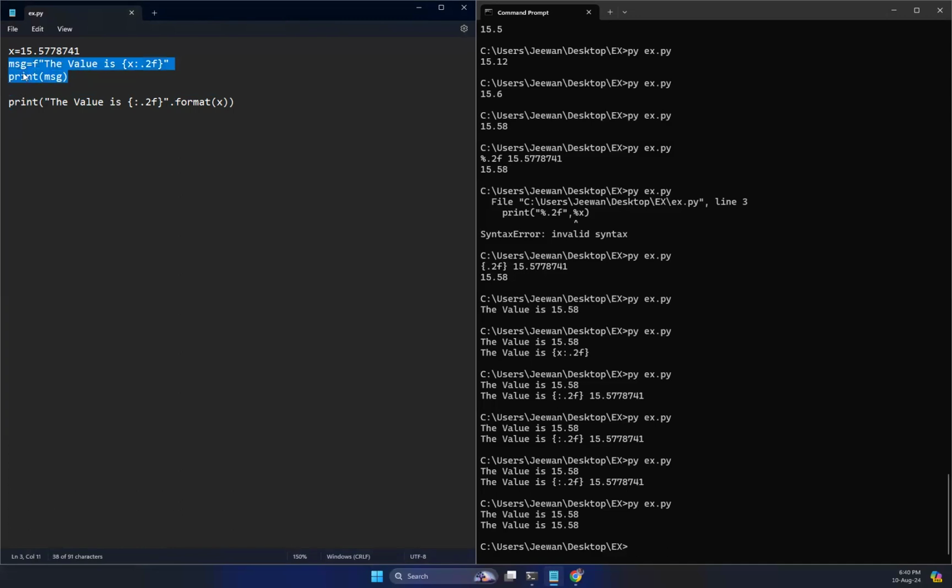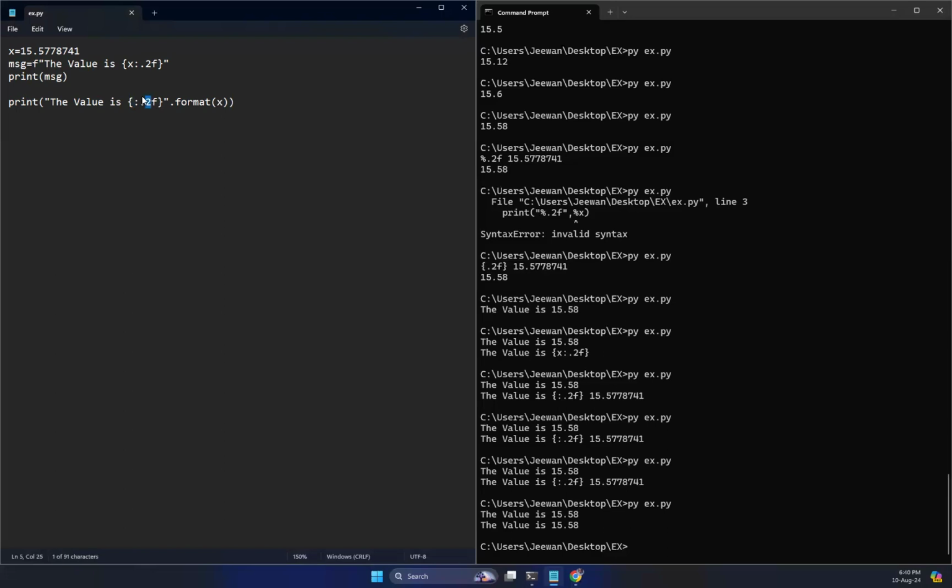The round function, or using f strings, or using the placeholders. You could try it out. You need to have the placeholder and mention a point 2 float value, which means 2 decimal values, and then you print the x value. That formats the x value according to this.